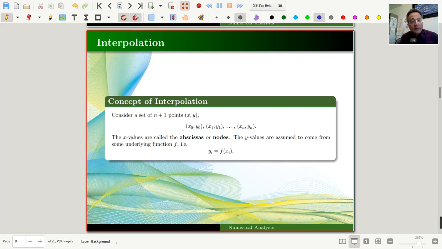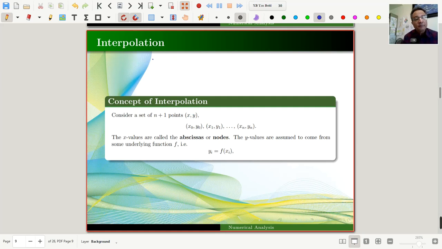Okay, these points are called nodes. If we have some points like this, we call all of these points nodes. The y values are assumed to come from some underlying function f. It means yi equals f of xi.